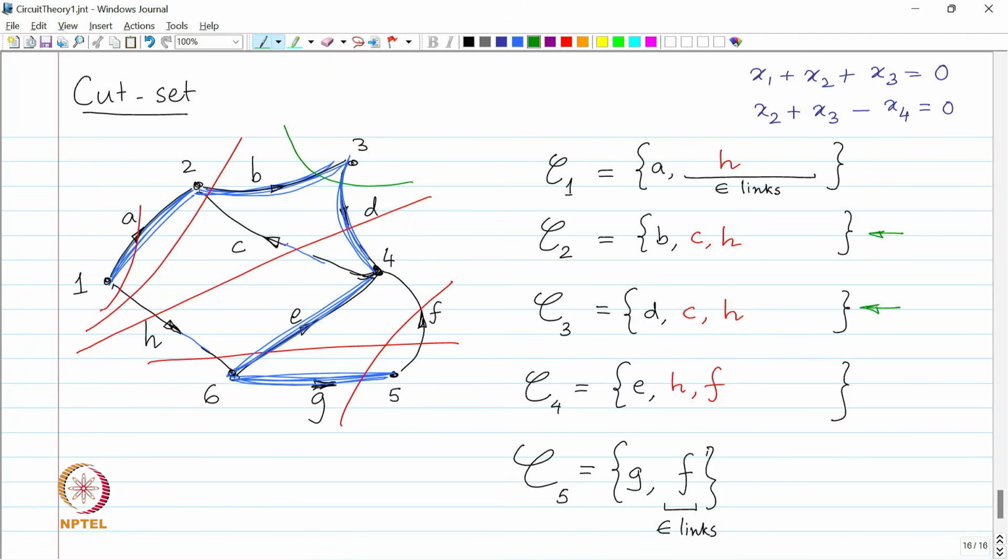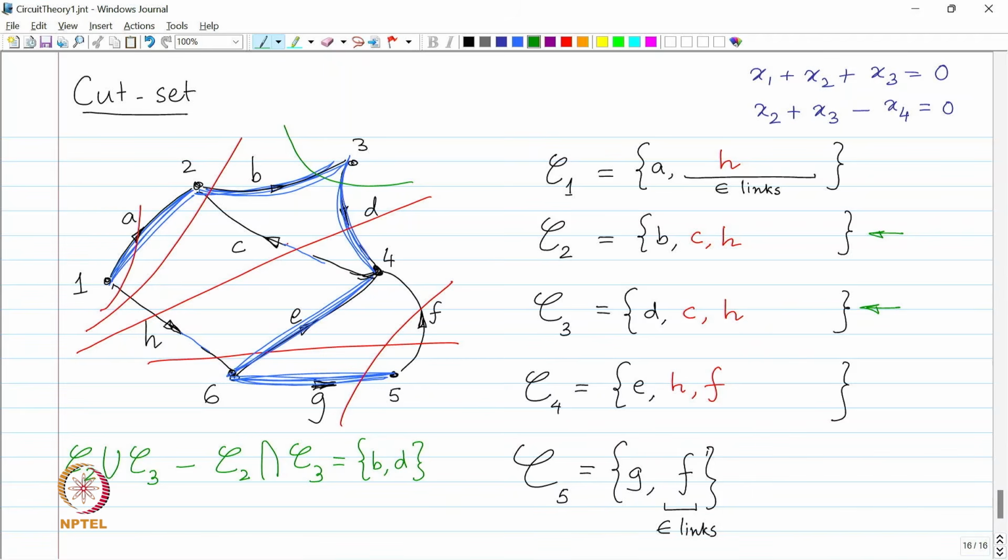C 2 is the fundamental cut set for B and C 3 is the fundamental cut set for D. And if I do C 2 union with C 3 minus C 2 intersection with C 3, then I get the cut set that Raghav wanted. Fine.